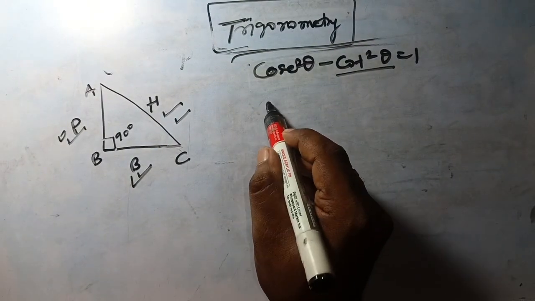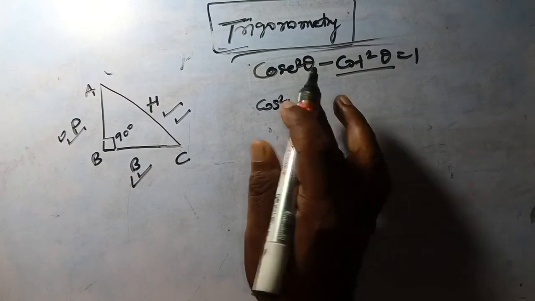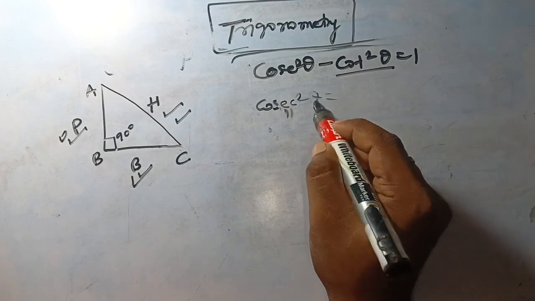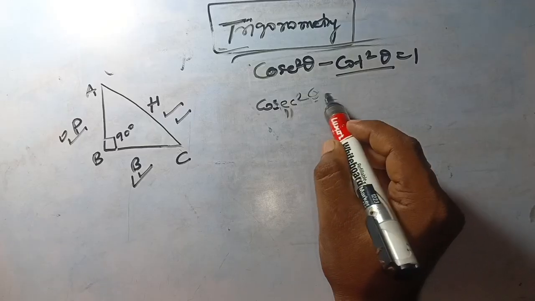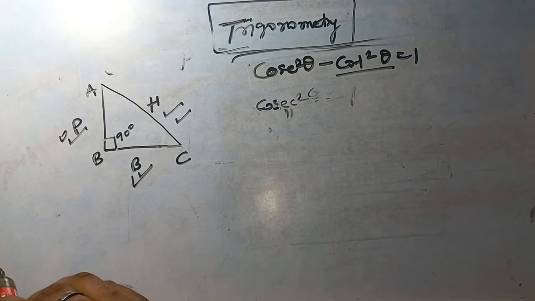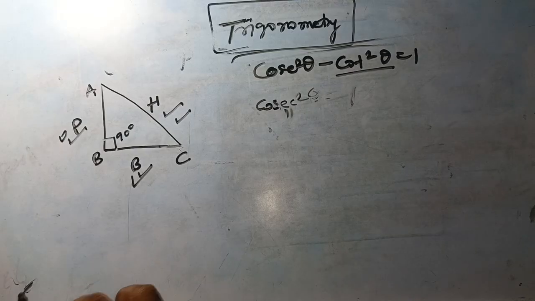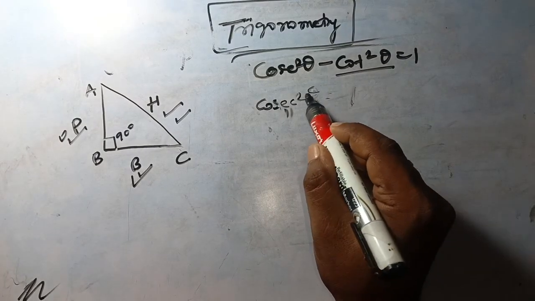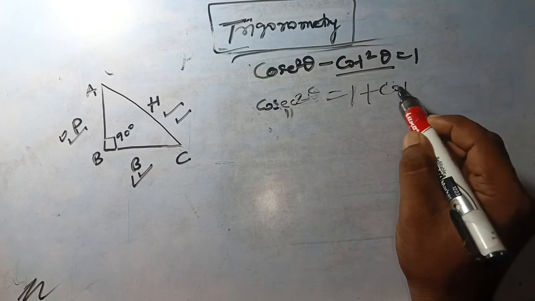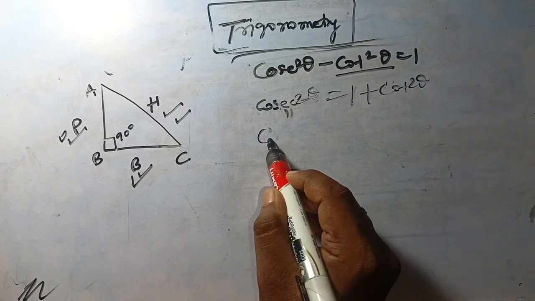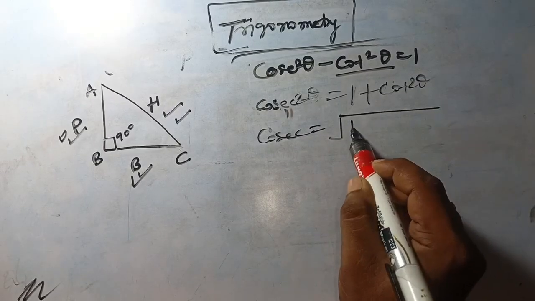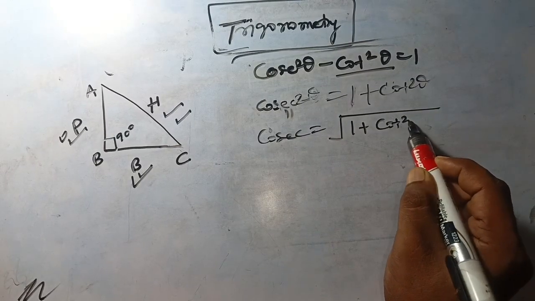So from here, cosec square theta is equal to 1 plus cot square theta, and cosec theta is equal to root under 1 plus cot square theta.